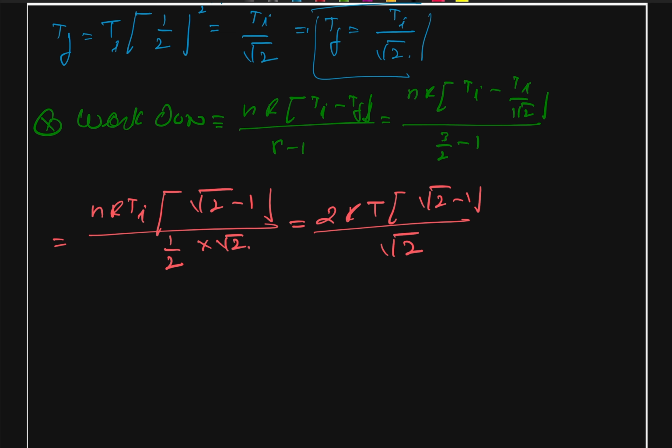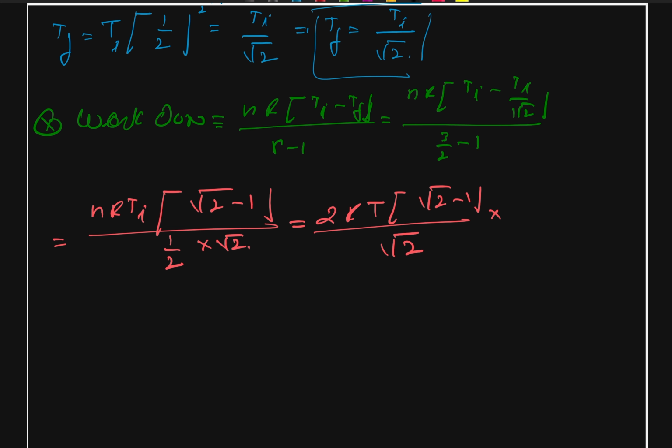And we can just rationalize it. Square root of 2 minus 1 over square root of 2, and 3/2 minus 1 comes as 1/2, giving the factor 2. Okay.